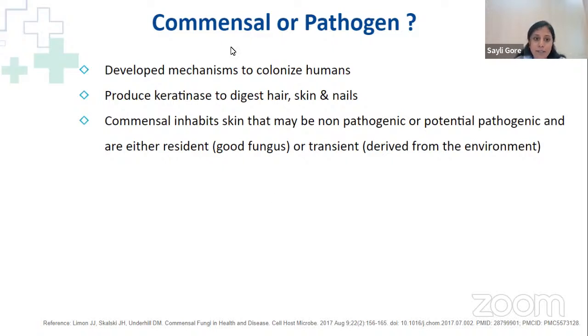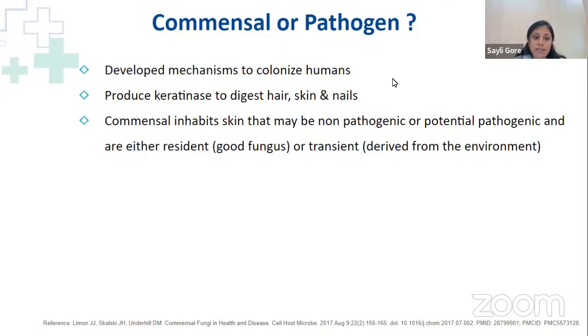Commensal organisms develop mechanisms to colonize humans. We are all not free of bugs. Just like staph is present on the skin, there is fungus also present on the skin, and they have the ability to survive there as symbiont organisms, and they produce keratinase to digest hair, skin, and nails.